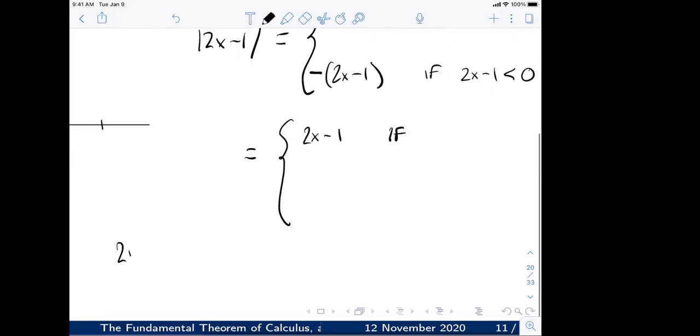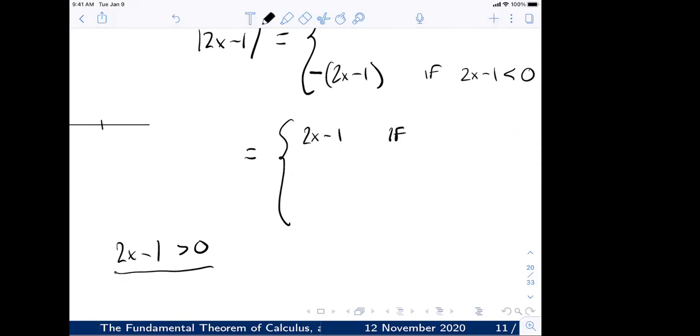If 2x minus 1 is bigger than 0, then what can we say about x? X is positive. I can say even better than that.